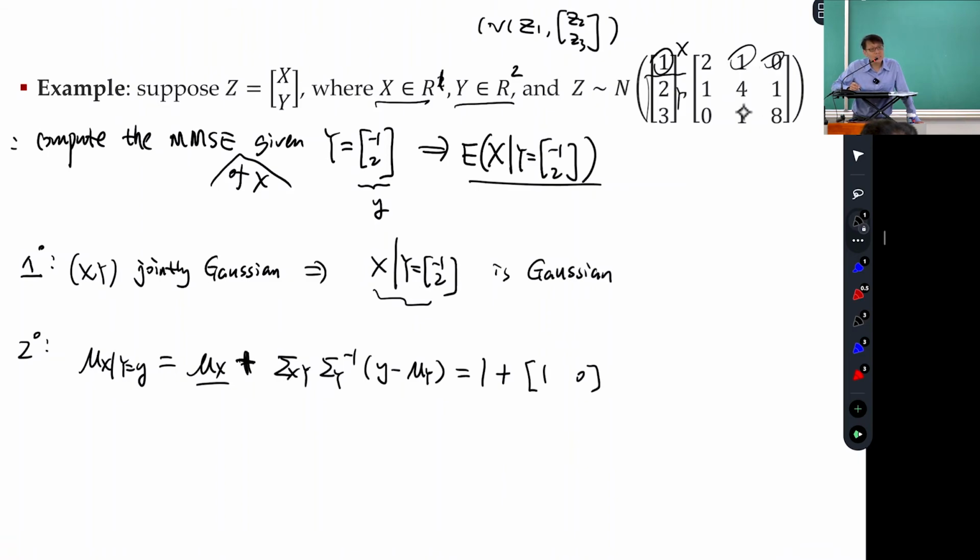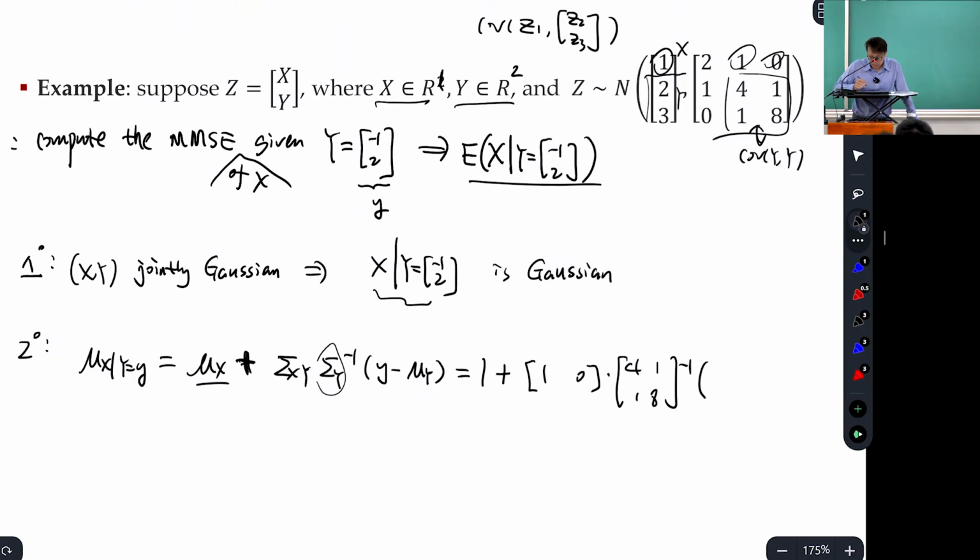You should be able to read this table or this matrix and extract any information you need. And times sigma y inverse. What is sigma y? It's a 2 by 2 matrix, this part, my covariance of y with y. So that will be 4, 1, 1, 8 inverse times y, the surprise term, 2 minus the mean, which is 2 and 3.